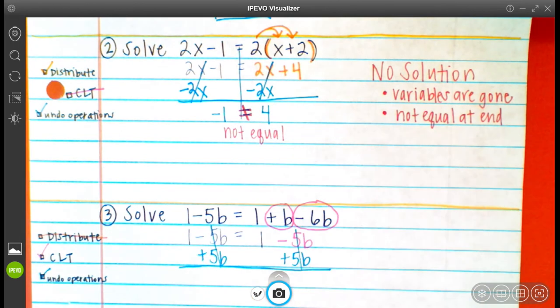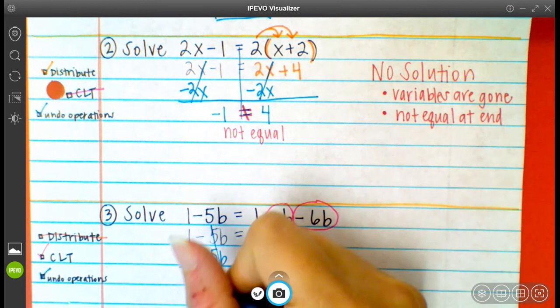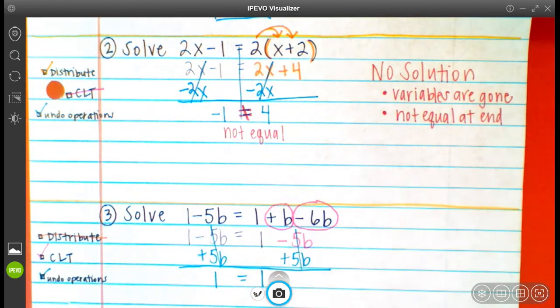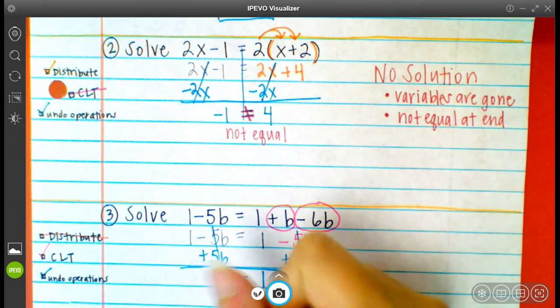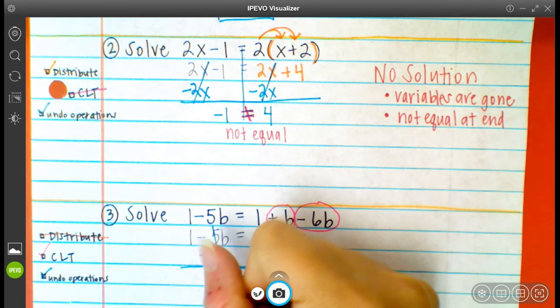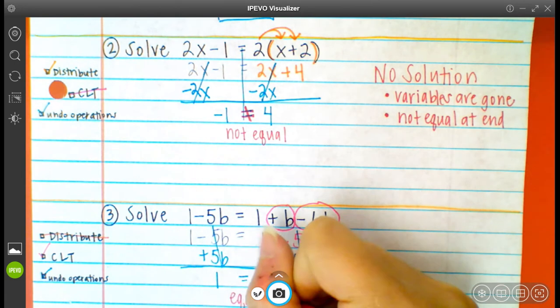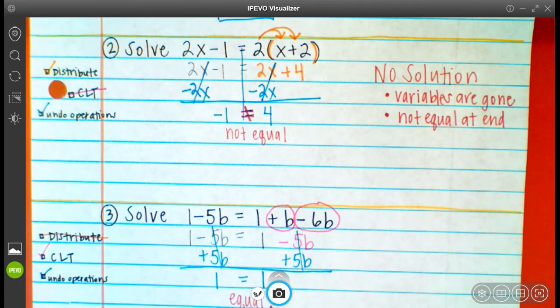Notice that both 5b's are eliminated, or they go to 0, leaving us with 1 equals 1. Well, that, my dears, is true. 1 does equal itself. So this is, in fact, equal. Yay! So if it is equal, then what we say is that any number we plug in for b will work. So we have 2 ways to go about that.